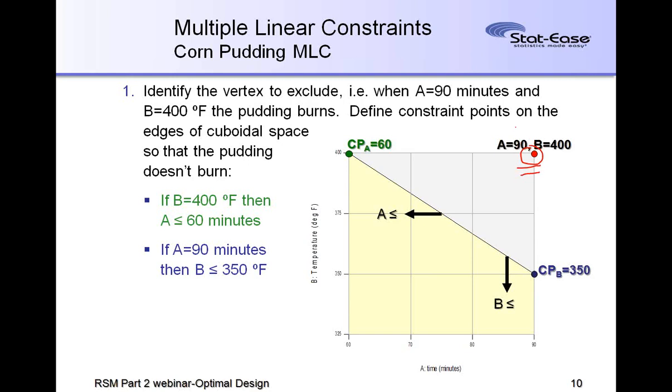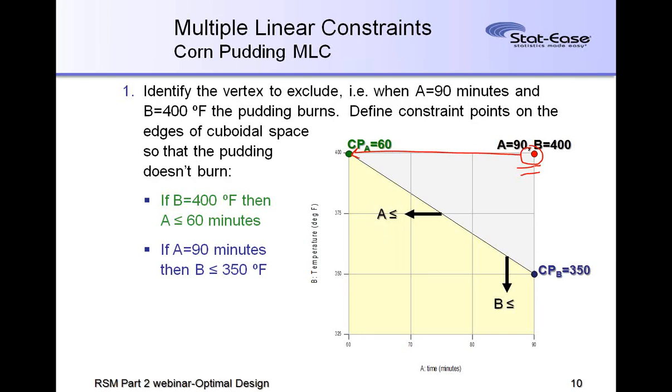You type that in, A equals 90, B equals 400, and then you think from that point, what do I need to do to factor A to make this work? Well, I need to back it off all the way to 60 degrees or less. So that's my constraint point, and I put in A is less than 60.